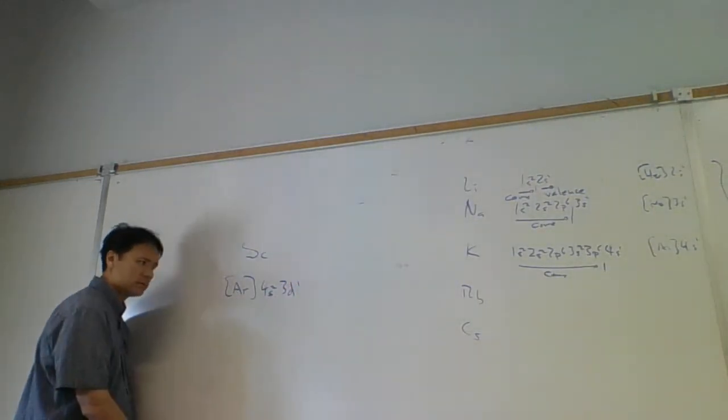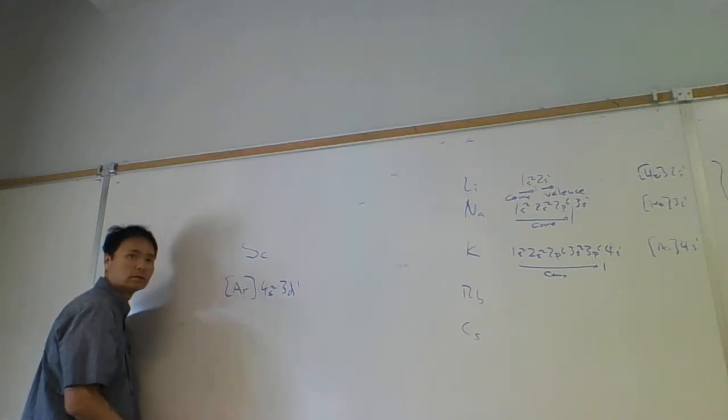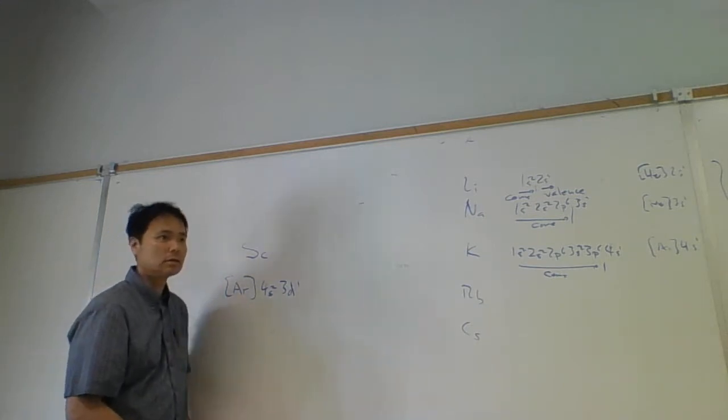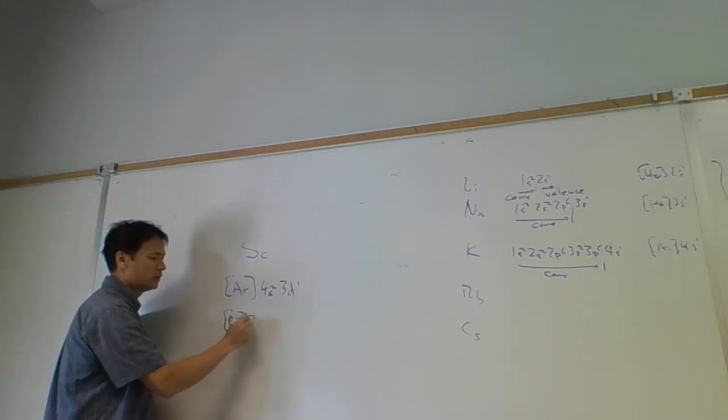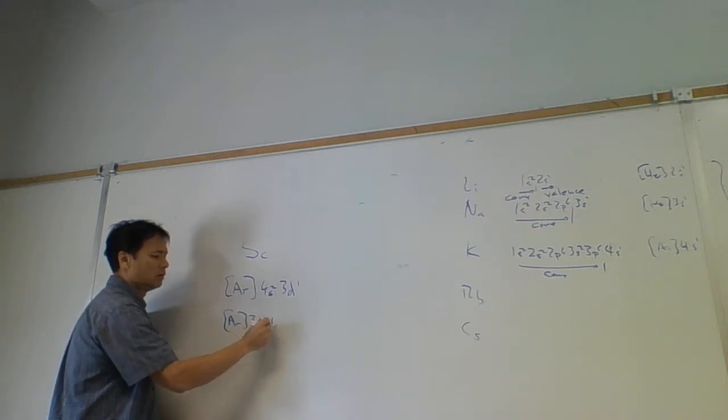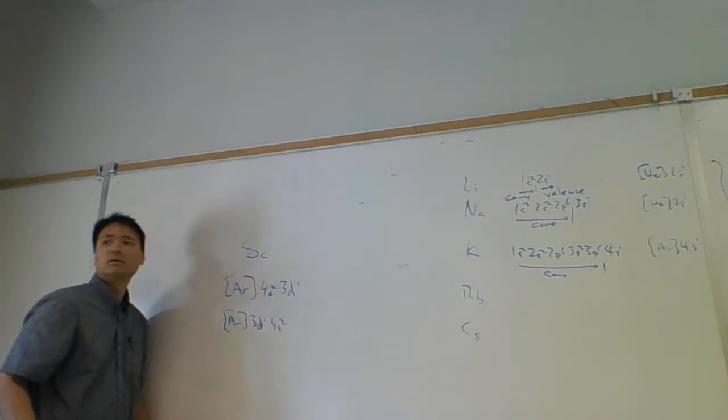Now, in terms of valence, we altered the ordering. This is the filling order, but we have a removing, or losing, order. This 3d1, 4s2.